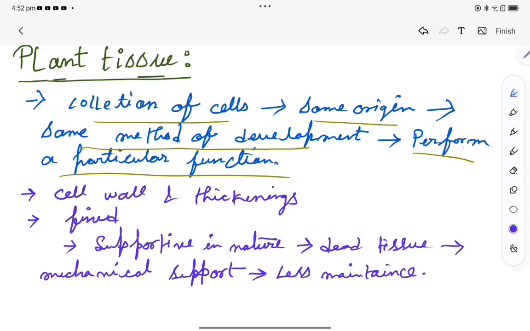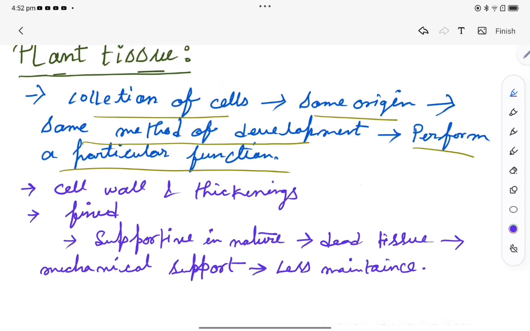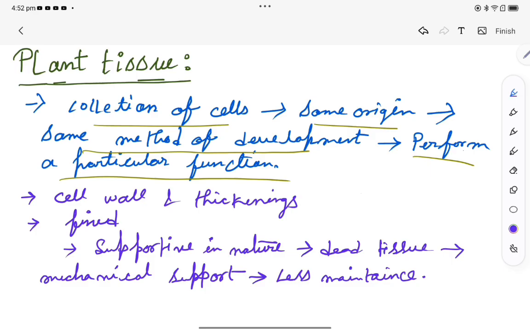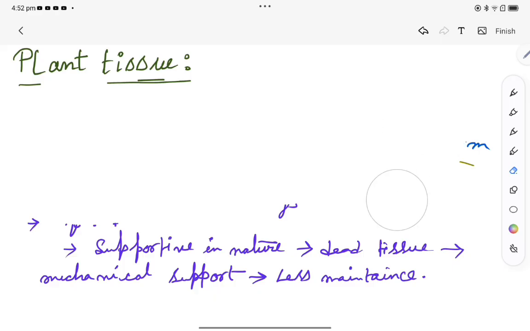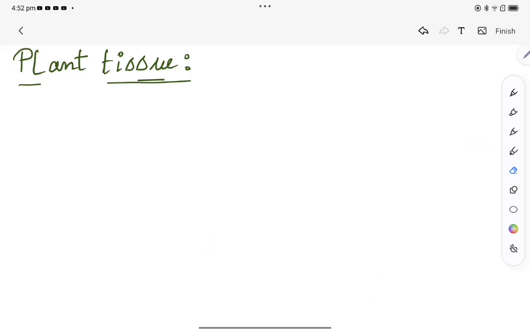Now today we are going to learn about types of plant tissues, right? Plant tissues can be differentiated based on a few factors: based on origin, based on function, based on position, based on stages of development.